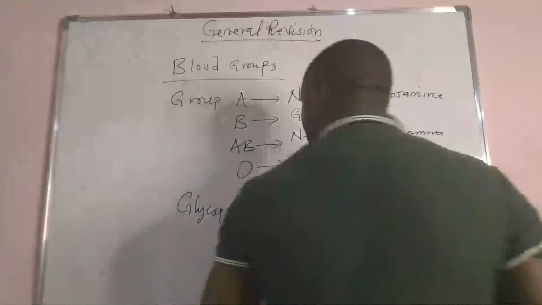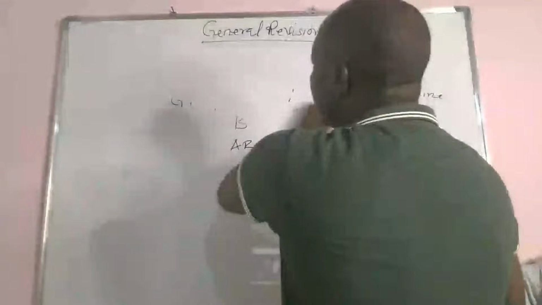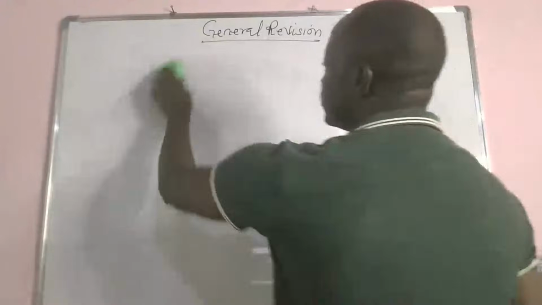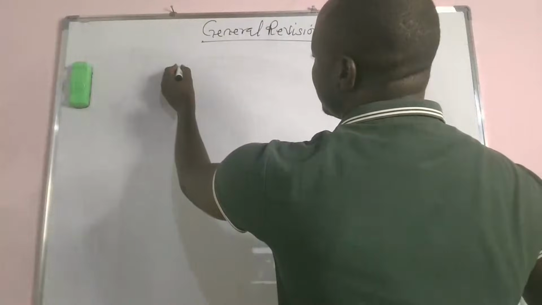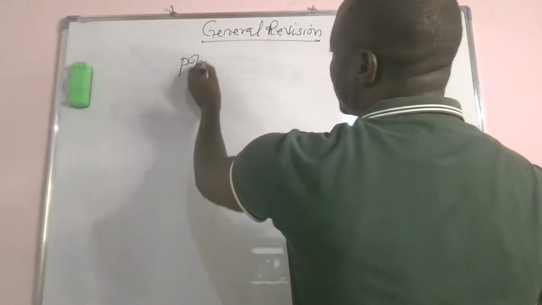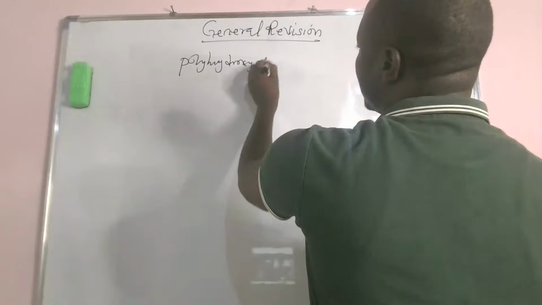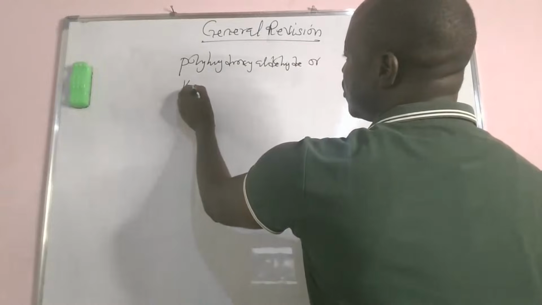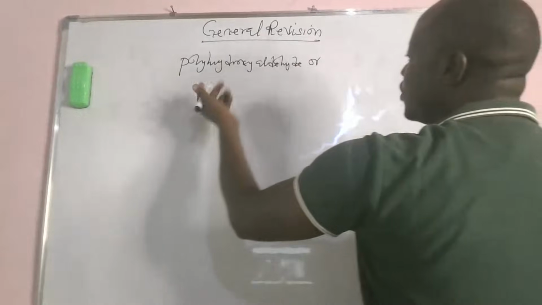So I think from the videos that I sent to you, I told you that carbohydrate is defined as a polyhydroxyaldehyde or polyhydroxyketones, or any compound that produces such on hydrolysis.